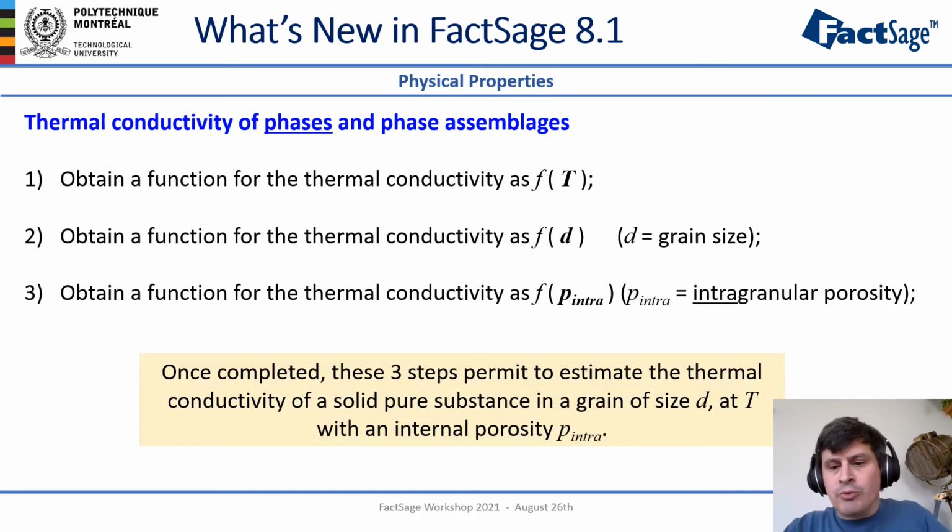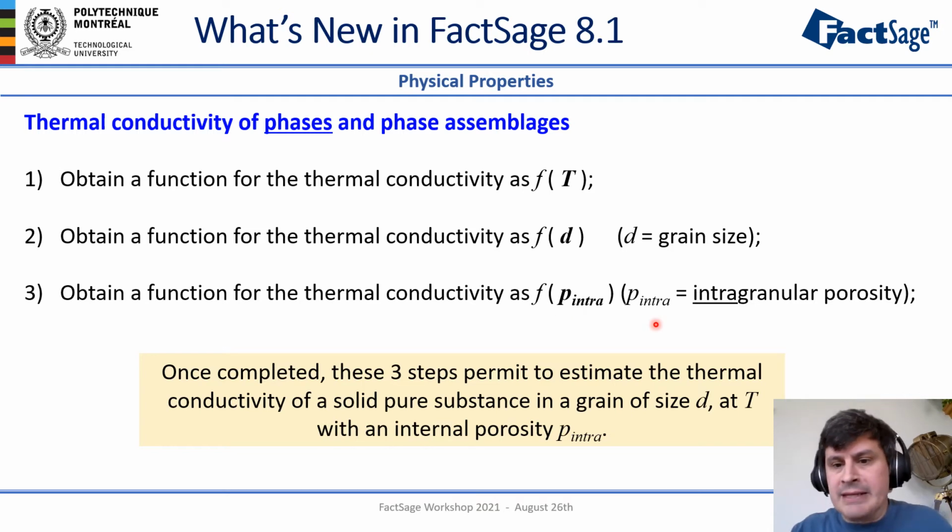So the way we compute the thermal conductivity of phases is first we have a model for temperature for every phase that is stable. Then using a user input grain size, diameter average grain size, we can compute the impact of the grain size on the thermal conductivity, which starts to be big below 5 microns typically.